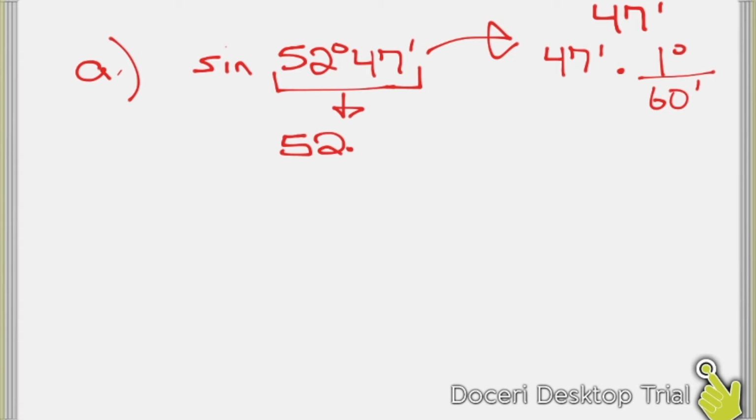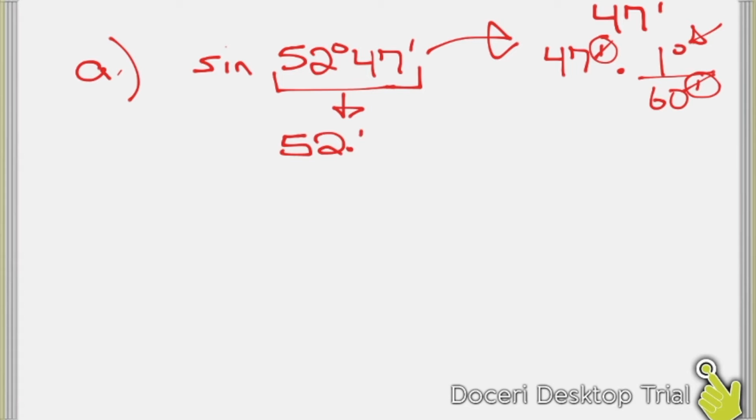So the only way that units cancel out when you set up these conversions is if they are diagonal of each other. If we were to put 60 minutes over 1 degree, then those units aren't going to cancel out because they're not diagonal. As is, we have minutes here, we have minutes here, so those are going to cancel. And then it's going to be left with just degrees, which is what we want. So then we just have to do the 47 multiplied by 1 divided by 60. And it gives us 0.783 repeating.